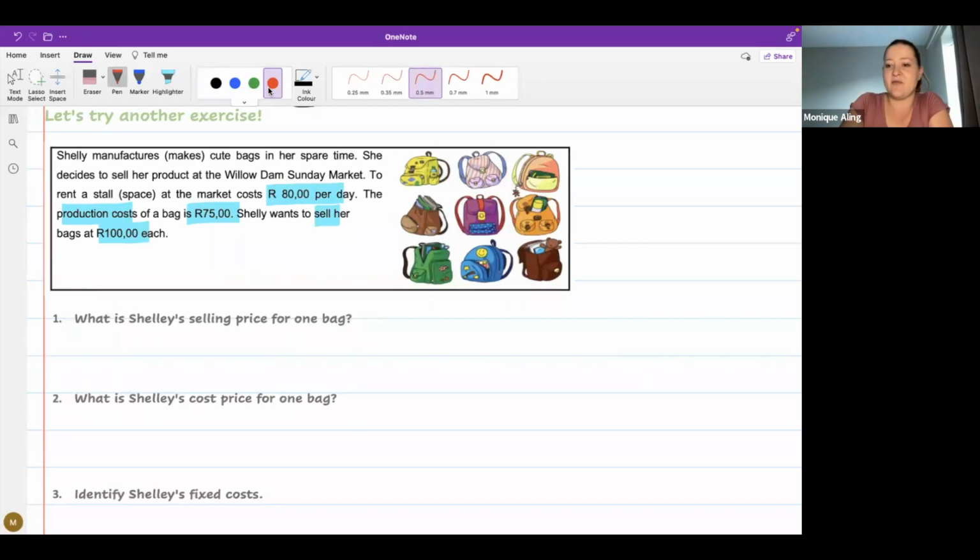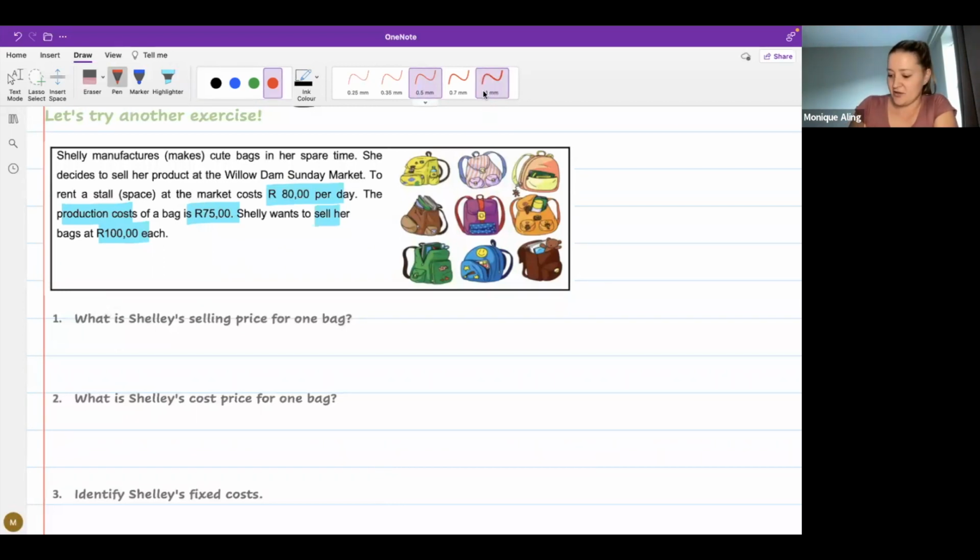Is it selling price, cost price? What would the 100 Rand be? Anyone want to tell me in the chat? Anyone want to unmute to tell me? Fast fingers. It is our selling price. Good, good, good. Now I see them coming through.